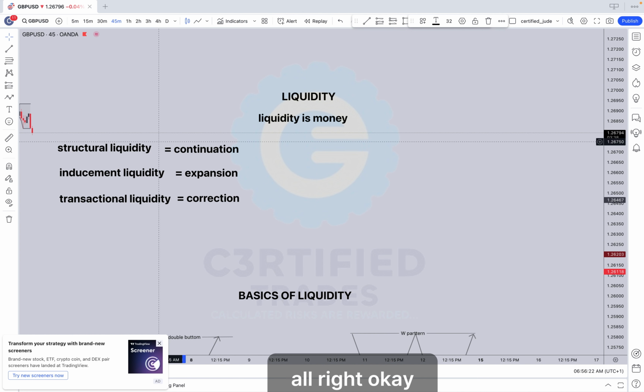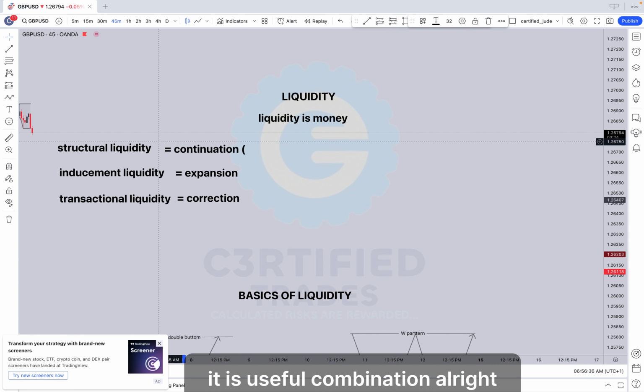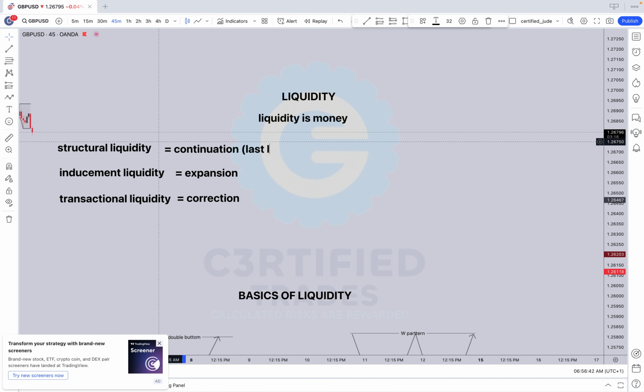I don't want that to confuse you, so let me put that down. It is used for continuation, but it is after the last low before the main low.